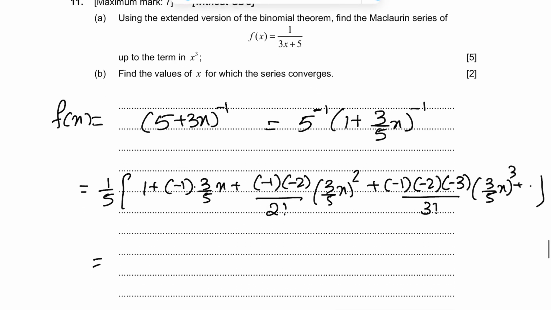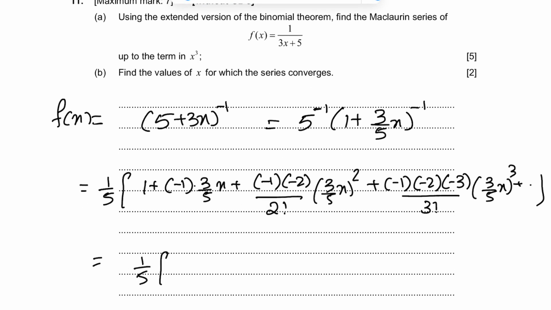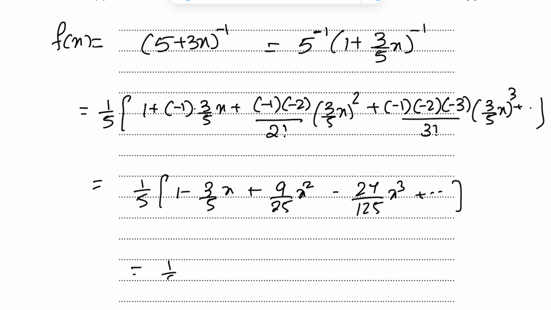So simplify that. You should be getting 1 upon 5 times 1 minus 3 upon 5 x plus 9 upon 25 x squared minus 27 upon 125 x cubed and so on. So that becomes 1 upon 5 minus 3 upon 25 x plus 9 upon 125 x squared minus 27 upon 625 x cubed and so on.